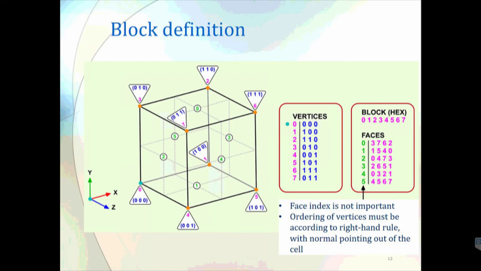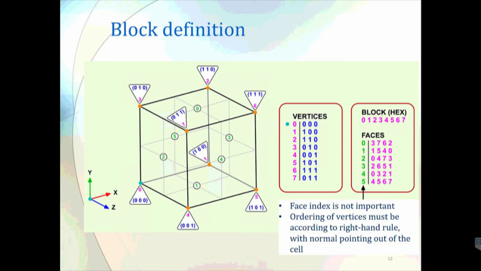For example, this is the definition of the block here, and we are defining this block by listing all of these vertices. These are the two planes of our block: this is the bottom plane and this is the top plane.